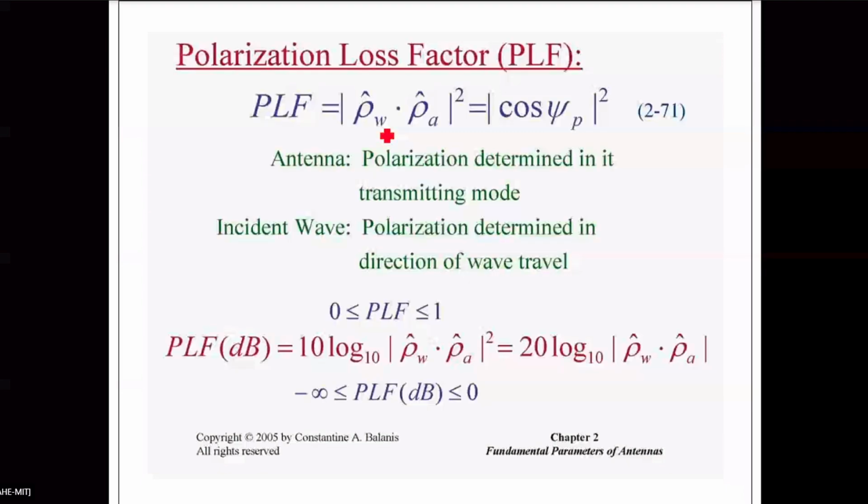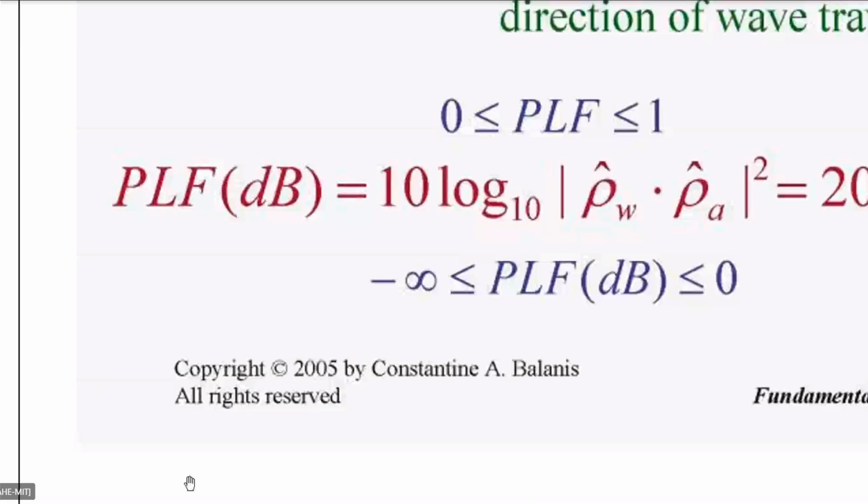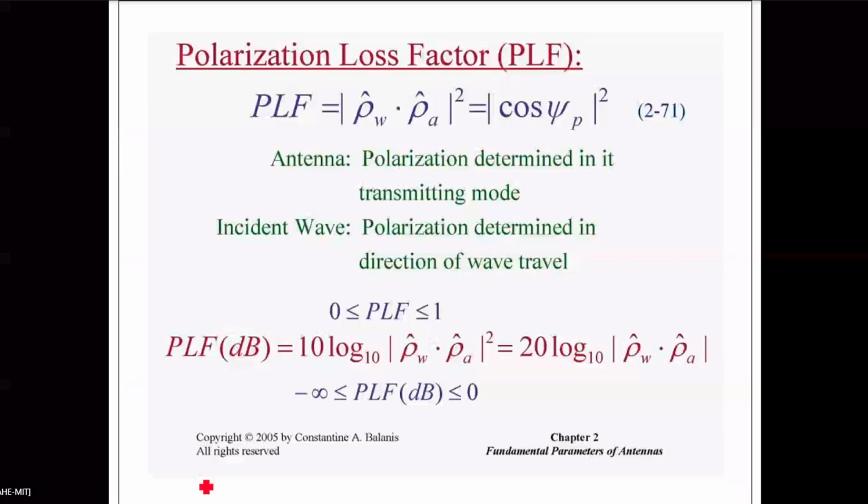PLF is equal to, what does this mean? Rho W hat dot rho A hat, whole square. Rho W hat is the polarization of the wave. It is a unit vector, that's why it is given as a hat.